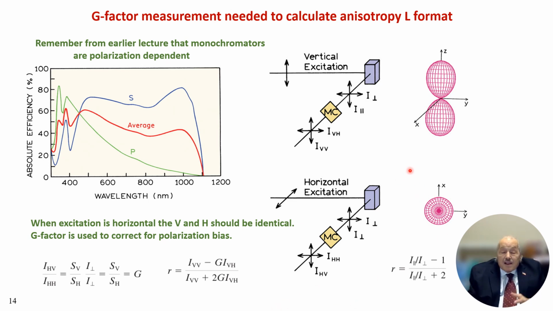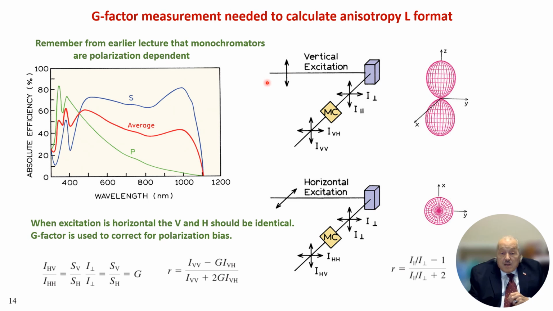The G factor. Everyone is always sort of confused about this. What is the G factor in calculating the anisotropy? The G factor is basically a correction for the transmission efficiencies of the parallel and the perpendicular components on the emission side of the experiment.